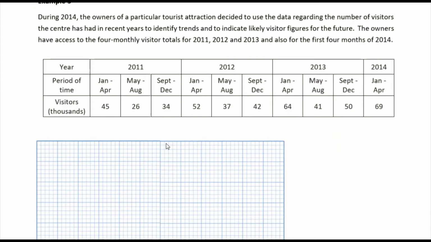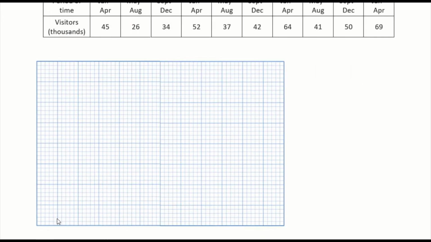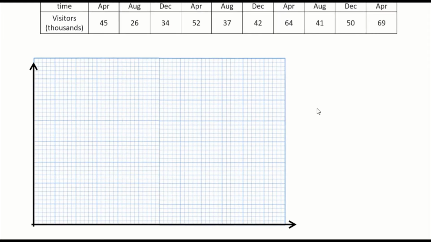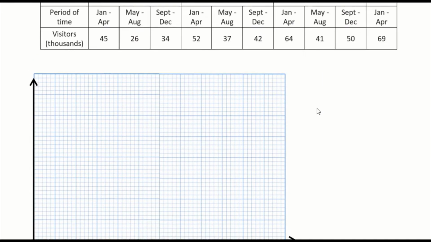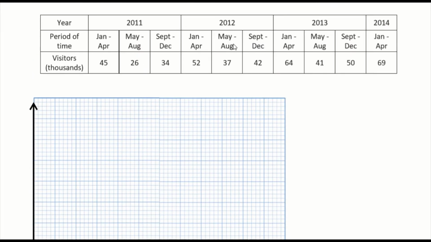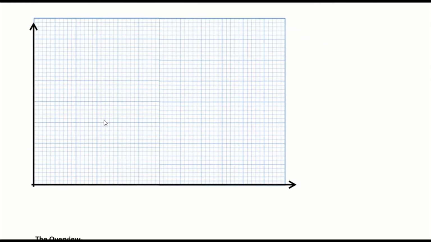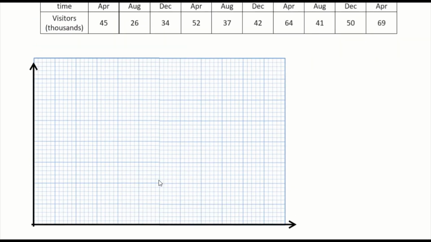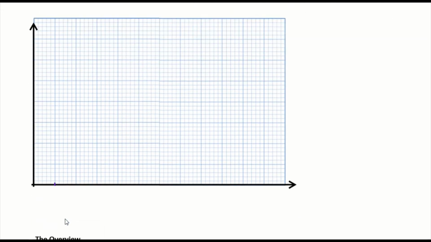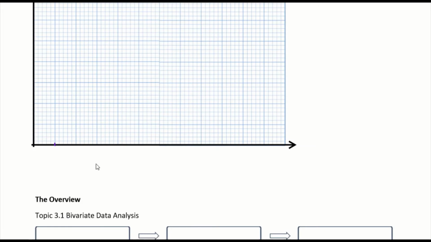The first thing we need to do is draw the axes, horizontal and vertical. Now let's put a scale. In this case, we have 10 data points, so I think we can use 5 small boxes for each one. The first one is January to April for the year 2011.